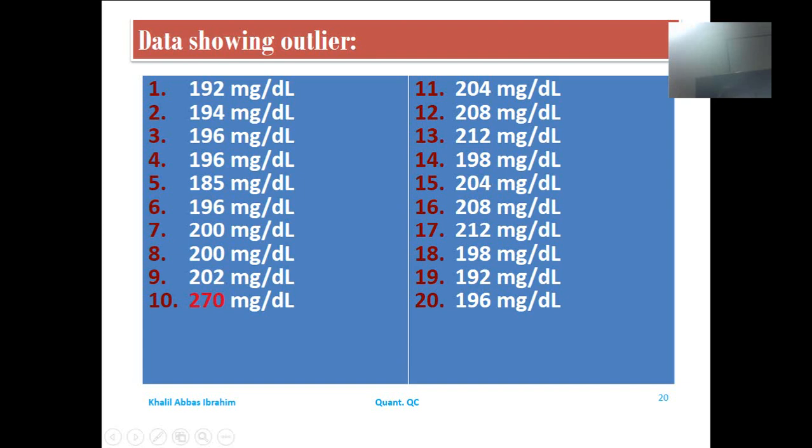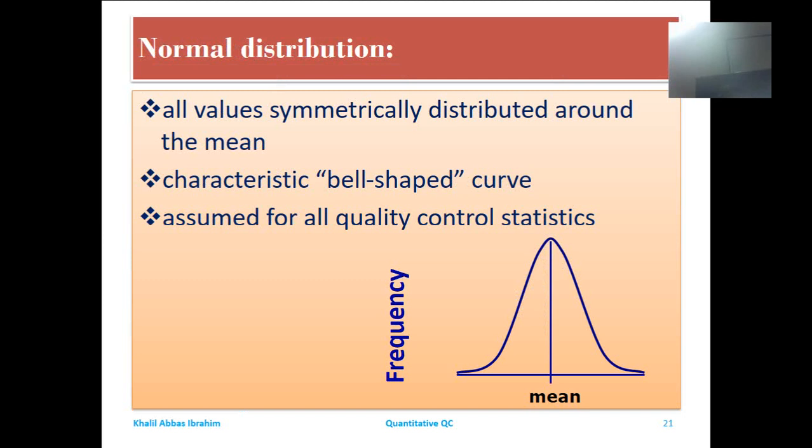But this failure didn't continue. This is indicated by the values which come after that value being uniform, so this mistake didn't continue. So it is better to ignore that value and include the other values. You sum them and calculate the mean.